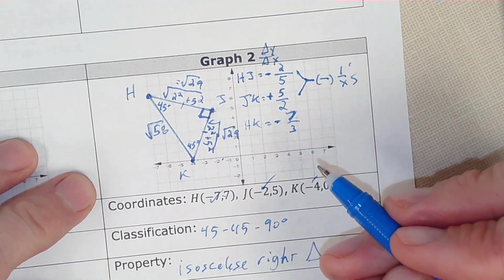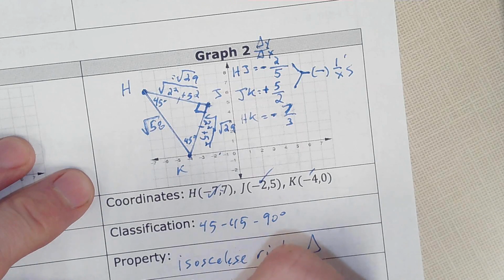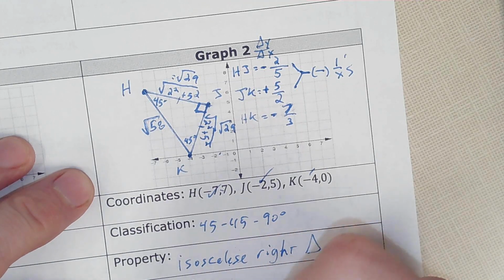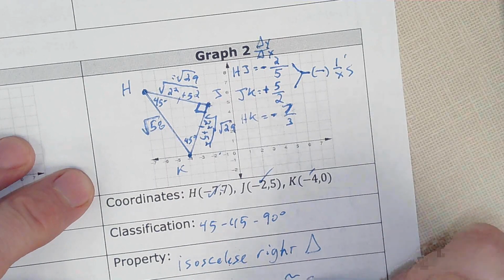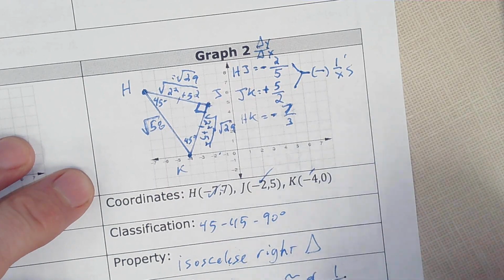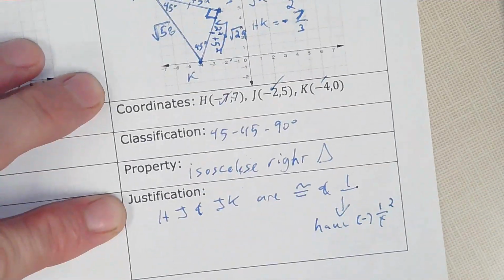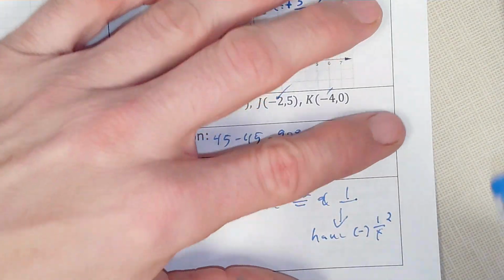And I can say that because HJ and JK are congruent and perpendicular because they have negative, opposite, and, why did I put a squared?